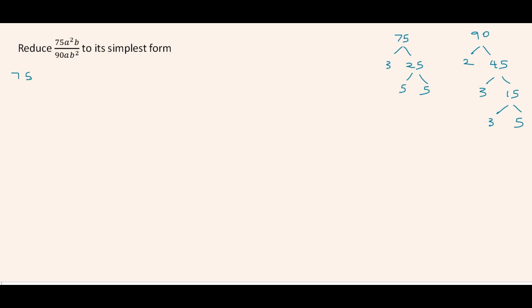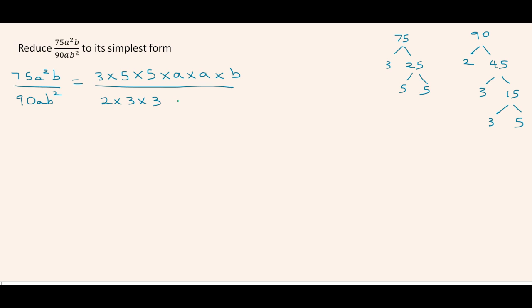So 75 a squared b over 90 a b squared is going to be equal to 3 times 5 times 5 times a times a times b over 2 times 3 times 3 times 5 times a times b times b.